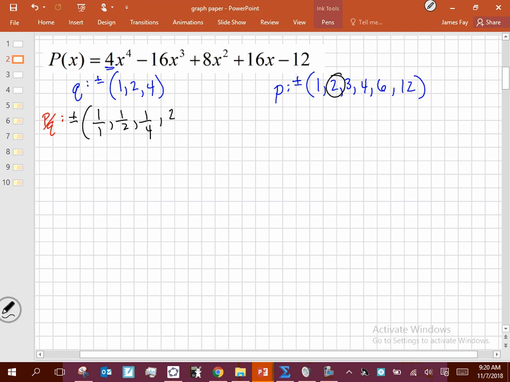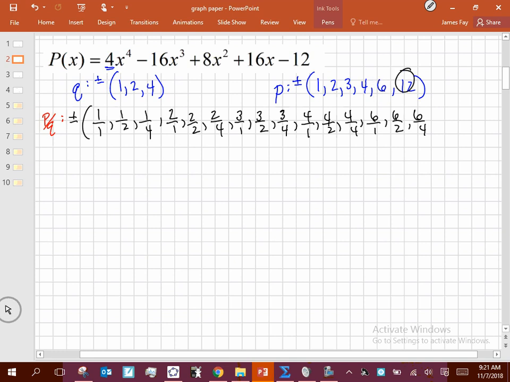So now I'll go 2 over 1, 2 over 2, 2 over 4, and I just keep going along the line here. 3 over 1, 3 over 2, 3 over 4, 4 over 1, 4 over 2, 4 over 4, 6 over 1, 6 over 2, 6 over 4, and then 12 over 1, 12 over 2, 12 over 4. And that gives us our list.